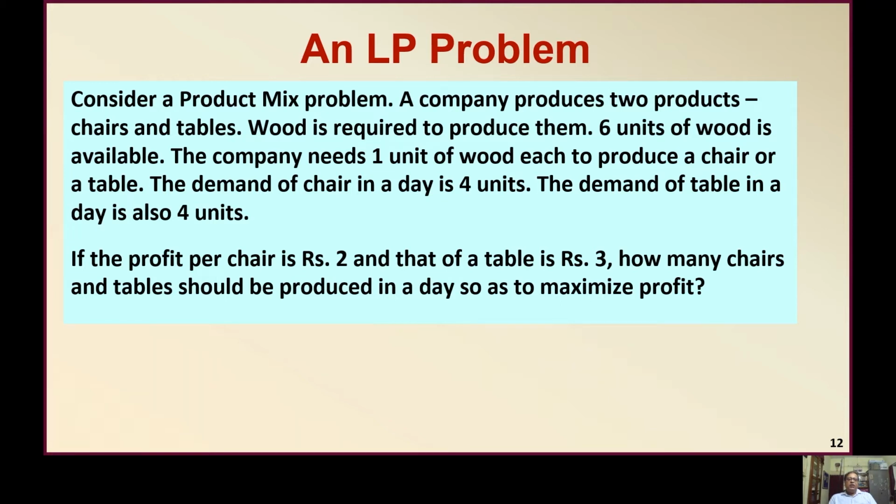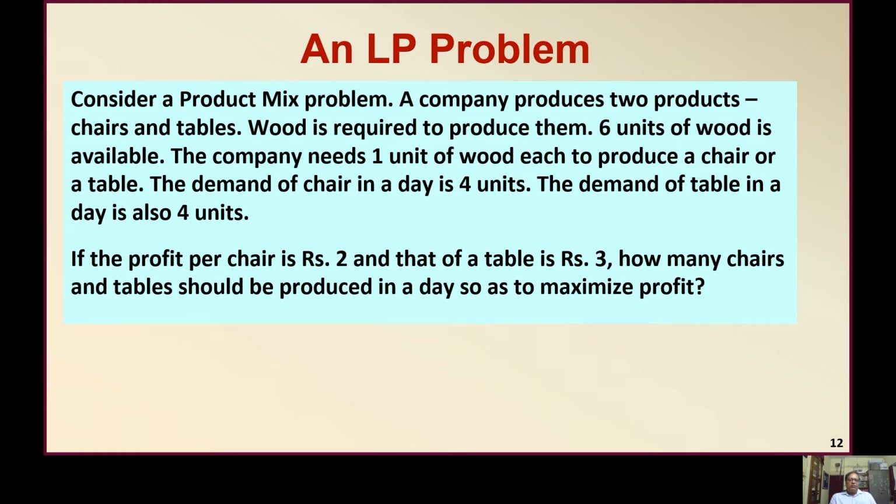The demand for chairs in a day is 4 units, and the demand for tables in a day is also 4 units. If the profit per chair is rupees 2 and that of a table is rupees 3, how many chairs and tables should be produced in a day so as to maximize profit? Very simple problem. Let us see how we go ahead with solving this.